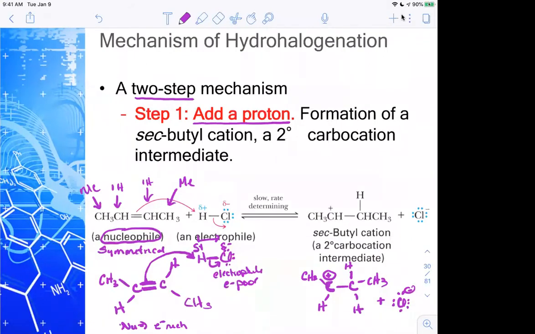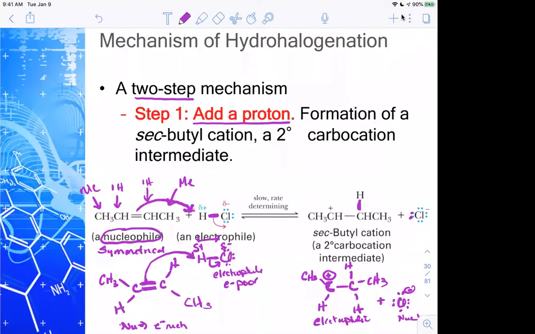Remember, these electrons that are coming out end up here, and these electrons end up here. So I have an electron deficient species now. This is now electrophilic, and this is a nucleophile, because this now is electron rich and that is electron poor.